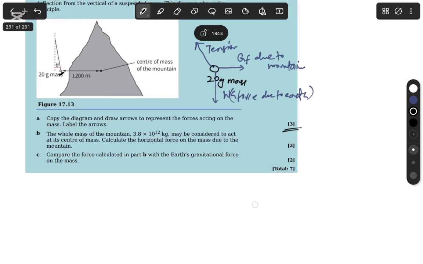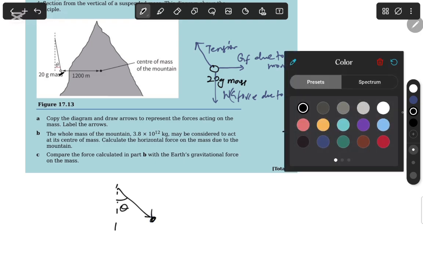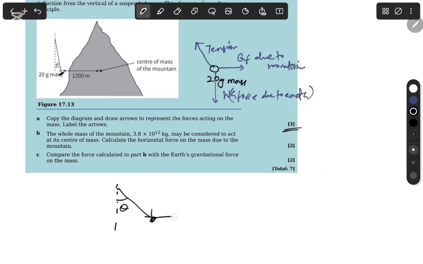So we have an angle theta, and then we have the mass here, and we want to find this horizontal force right here. We can find this force very easily. This is the gravitational force between the mass and the mountain, so it's going to be Gmm over r squared.